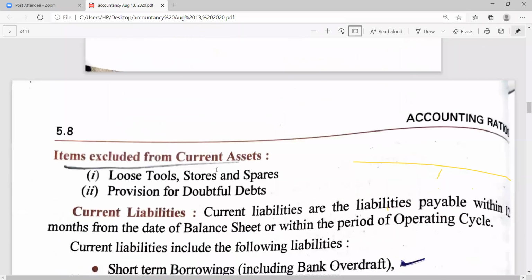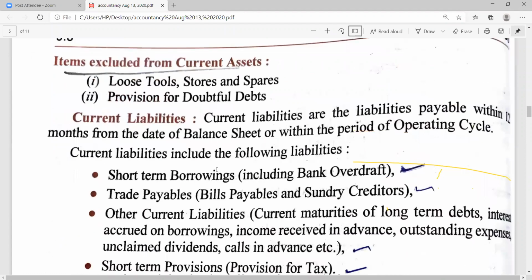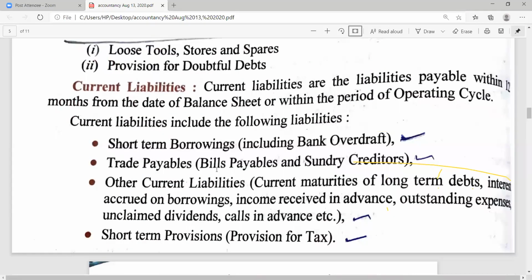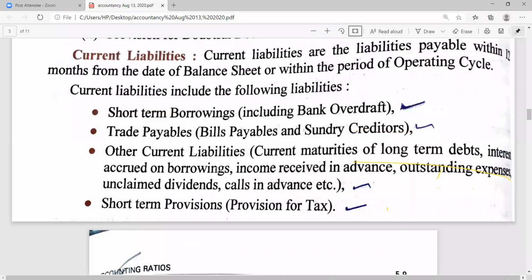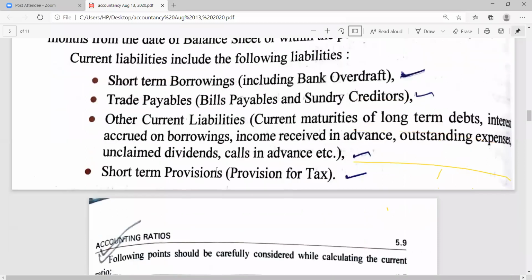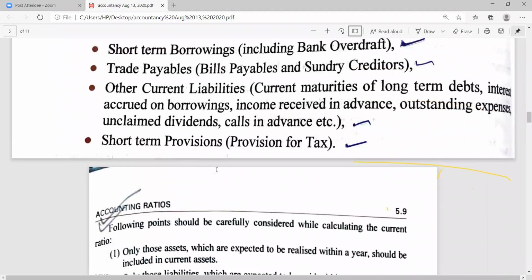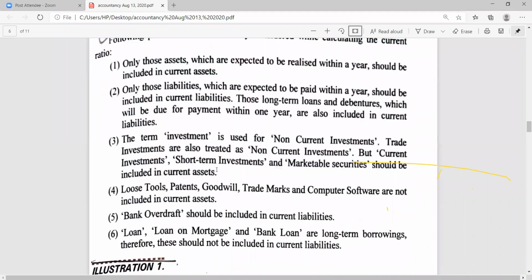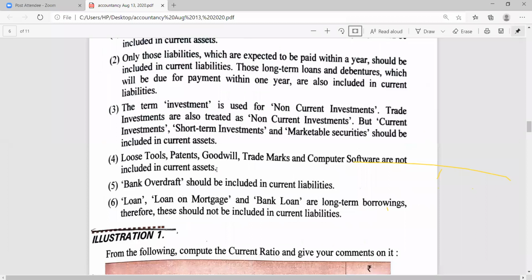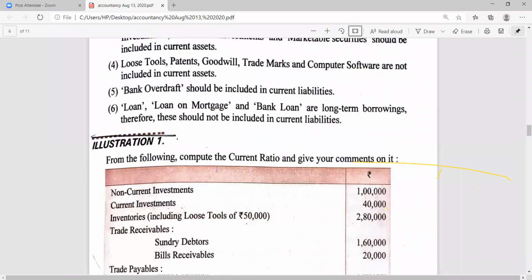So what is included in current assets? All the current assets which are to be realized during 1 year, but excluding loose tools, stores and spares, and provision for doubtful debt. Current liability consists of short-term borrowings, including bank overdraft. Trade payable, bills payable, and sundry creditors are there. Other current liabilities are there. Short-term provisions are there. So these are the points to be kept in mind while calculating the current ratio.